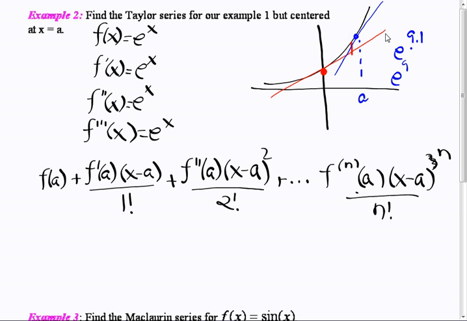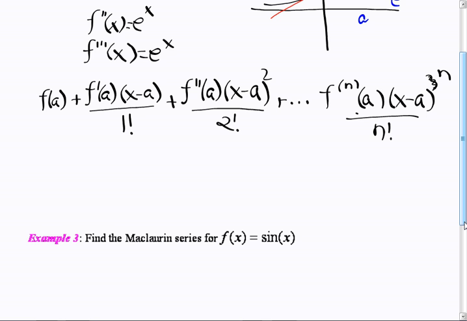If I try to do e to the x centered at 0, I need a whole lot of terms to get it to converge, not just a few. Where this will converge very quickly, 9.1, if I do the work to center it at 9. Converges everywhere, but I need many terms to do e to the 9.1 if I center it here. Because you can see as I get away from it, I start getting errors. Okay, so that's the point of that.